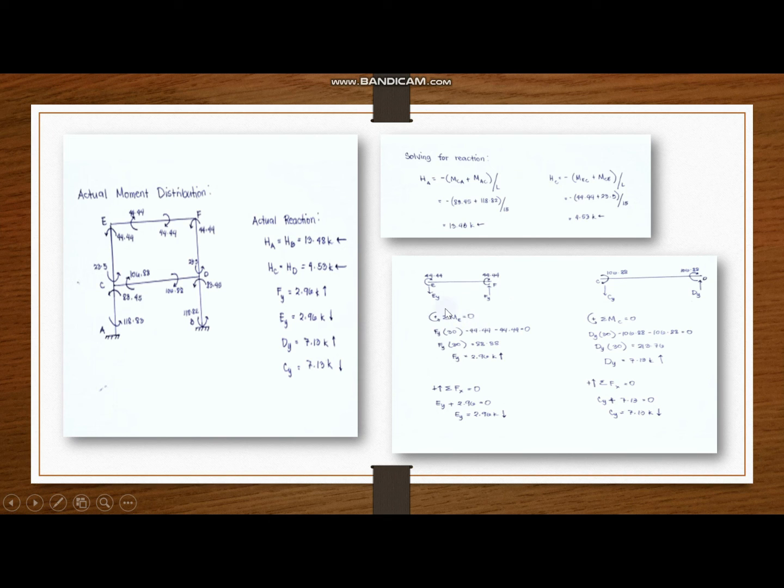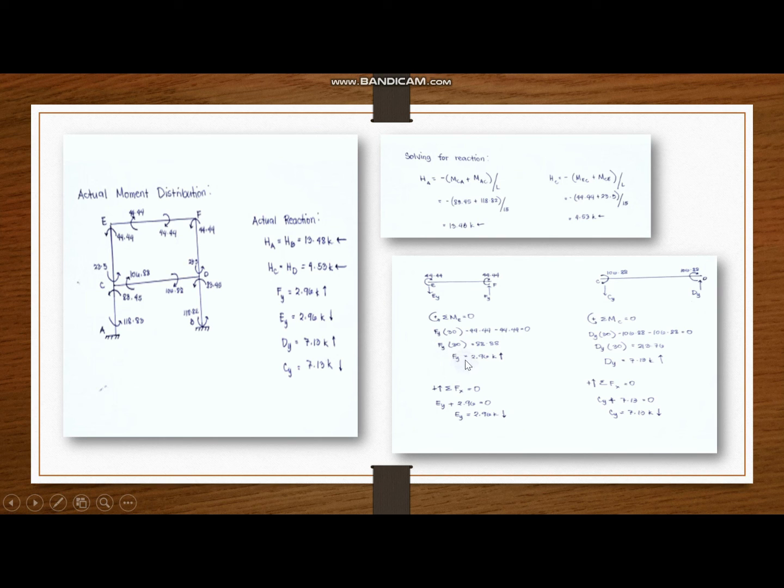So, makikita man natin ang mga reaction here. So, Fy times 30 kasi ang length natin is 30, minus 44.44 minus 44.44 is equal to 0. So, our Fy times 30 equals 88.88.